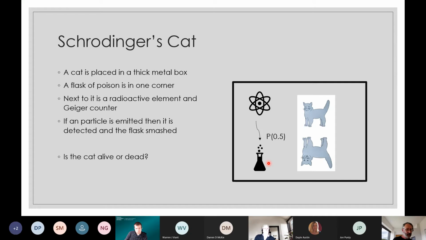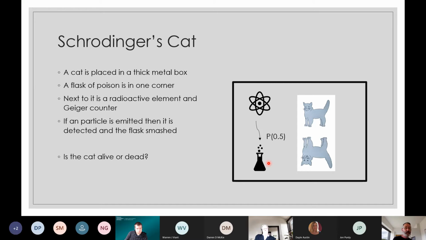And you don't know. And in a sense, it can't be known, because there's a probability of a half that it's alive and a probability of a half it's dead. It's in a dual state, a state of superposition. It's both dead and alive at the same time.